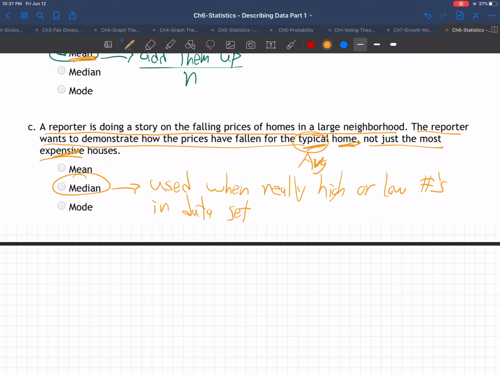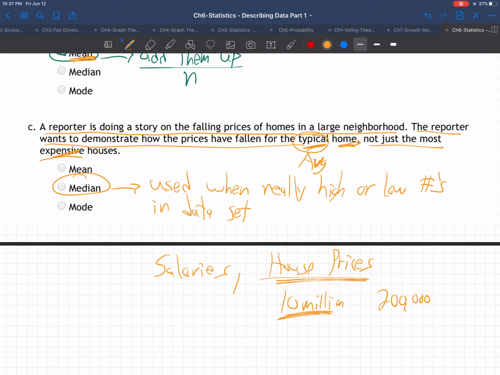That would be for salaries at a company or house prices in a city. So if in your city, there are some house prices that are really low and then some $10 million houses, if you take a $10 million house and a $200,000 house and you add them and divide by 2, you're going to get an answer that's over 5 million, right?